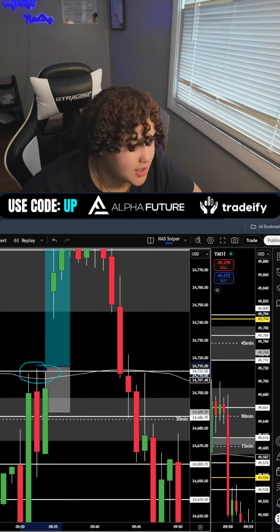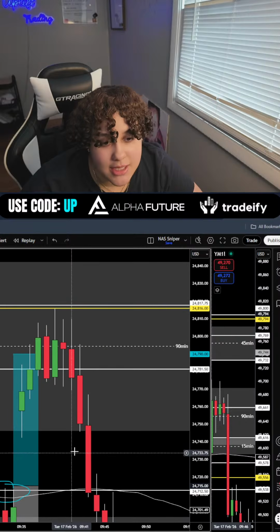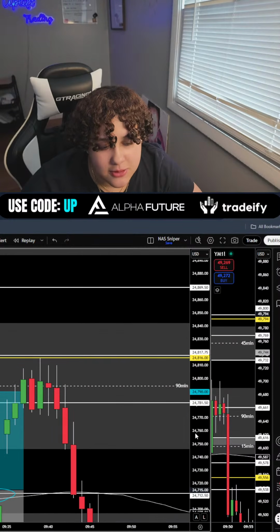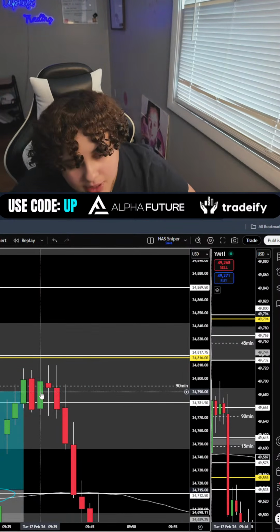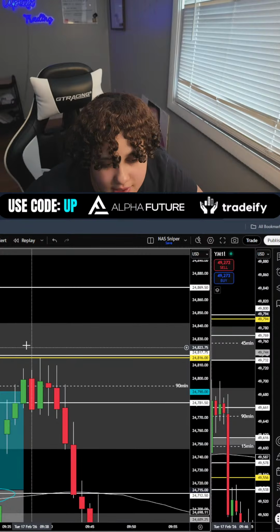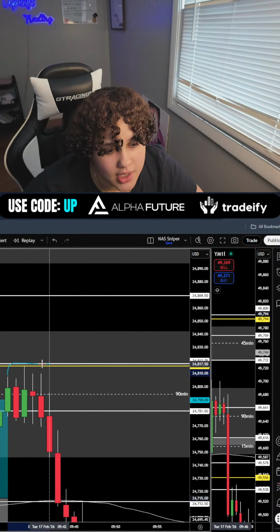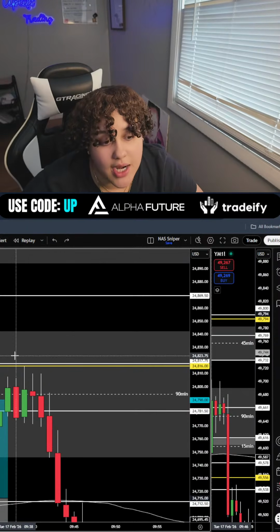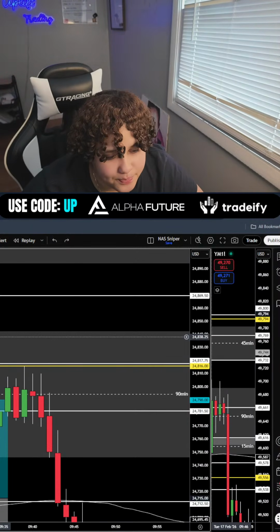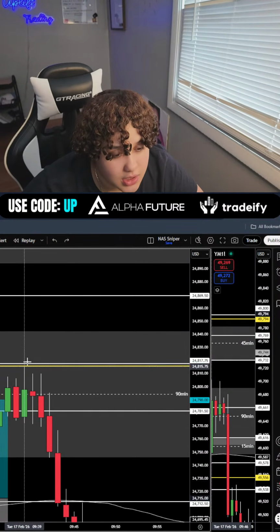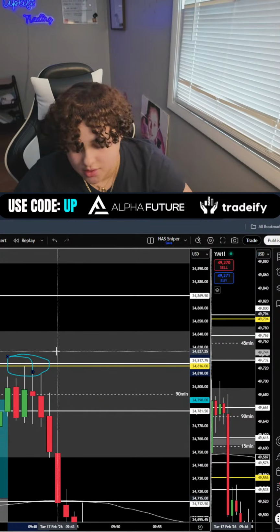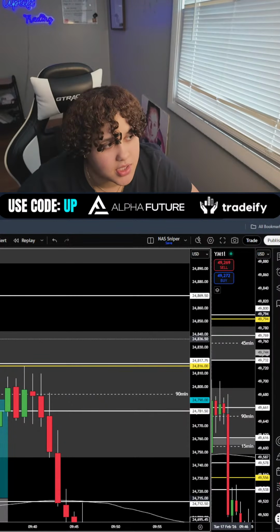Above the white line. Same thing over here. I was waiting for the longs to continue pushing up, and I said if price got above this white line here, which it never did, then I was going to take longs. But yeah, it just kind of looked like it was rejecting the white line. So I never took the longs up here.